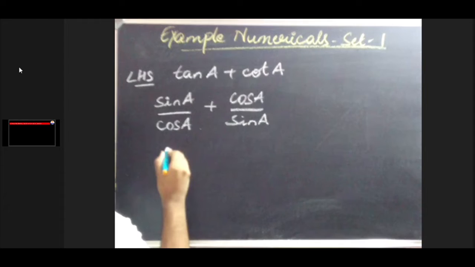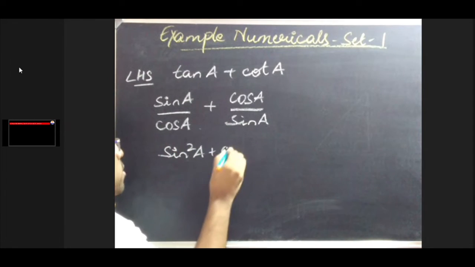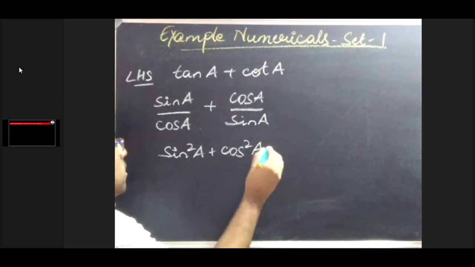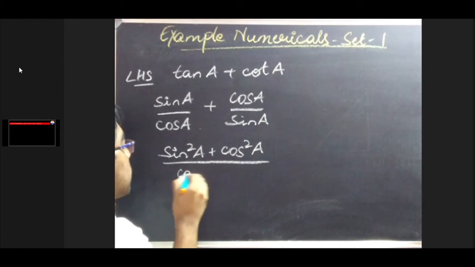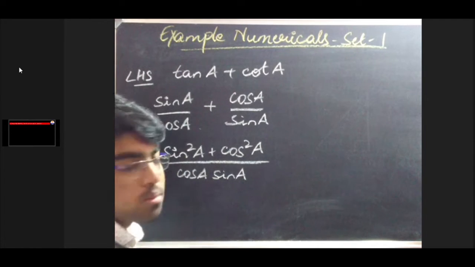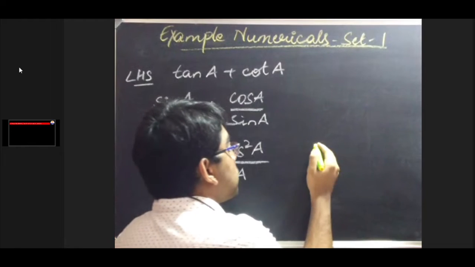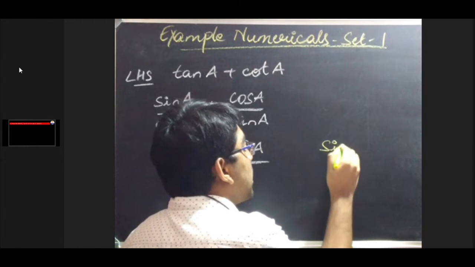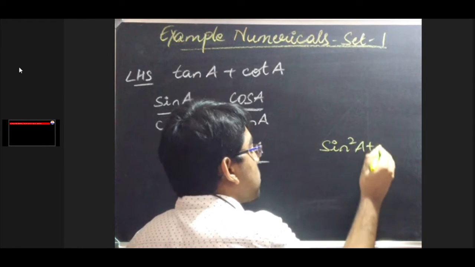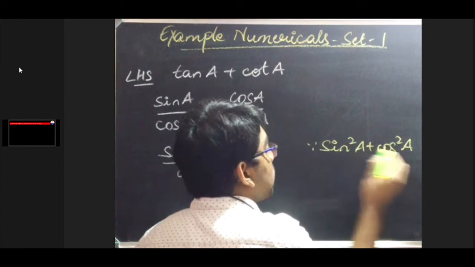Let's take the LCM. Sin square A plus cos square A divided by cos A sin A. Whatever I write here is for your reference. We know that sin square A plus cos square A equals 1.